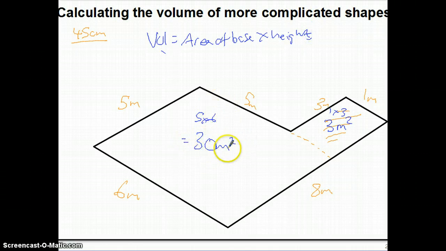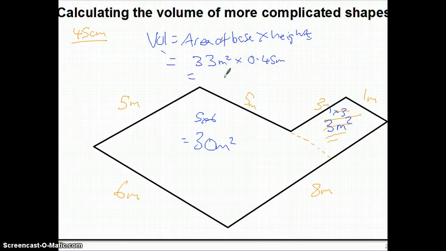Now we have to be careful. This is measured in metres squared and this is measured in centimetres, and we can't mix our units, otherwise we'll get a nonsensical answer. So area of the base is 33 metres squared. We're going to multiply that by 45. Now we can't multiply it by centimetres, we have to change that to metres. So that would be 0.45 metres, and that will give us something in metres cubed.